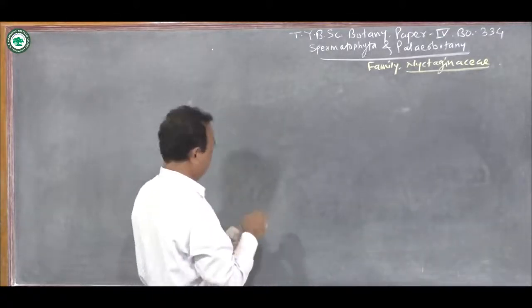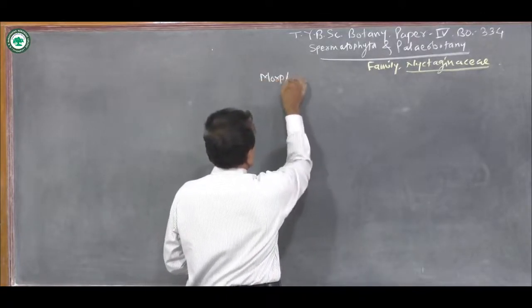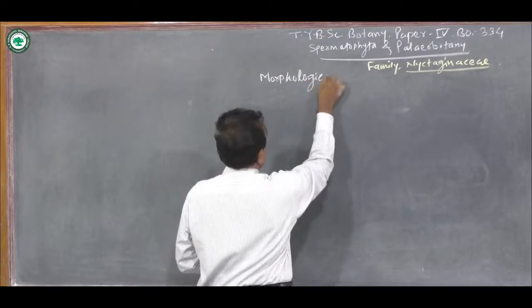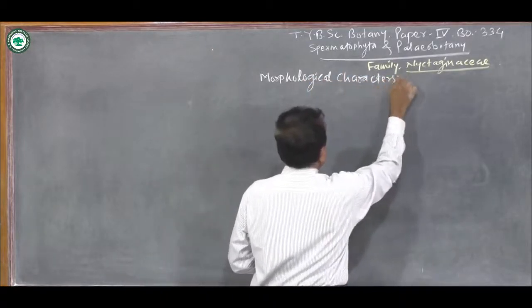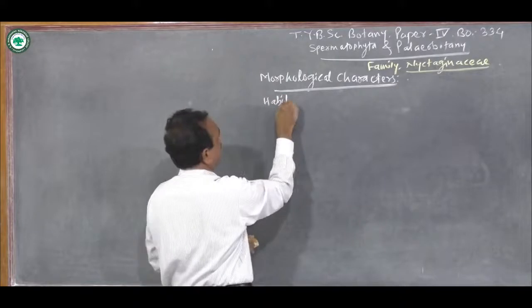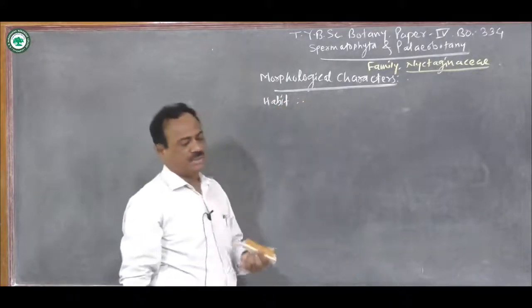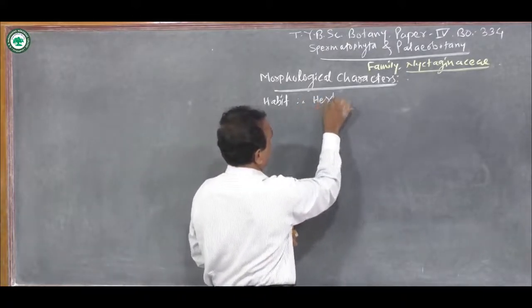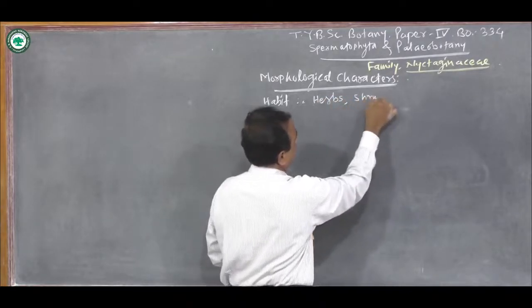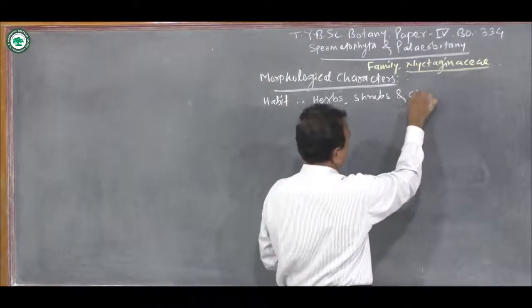Now let us see about the morphological characters of the family. So let us start from the habit of the plant. If we see the plants of the family Nyctaginaceae, they may be herbs, may be shrubs, and may be climbers.